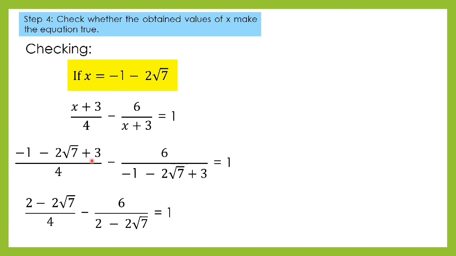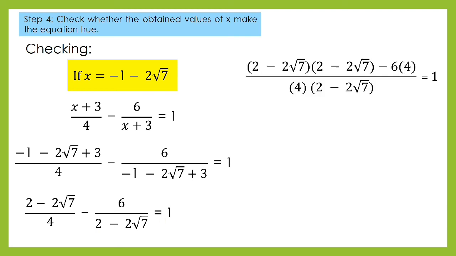Negative 1 plus 3 is positive 2 minus 2 square root of 7 over 4 minus 6. Simplify natin yung denominator. Negative 1 plus 3 is positive 2 minus 2 square root of 7 equals 1. Kagaya ng ginawa natin kanina, kukunin natin yung product ng denominator, 4 and 2 minus 2 square root of 7. And then, i-multiply natin yung numerator nung una and then denominator ng pangalawa.